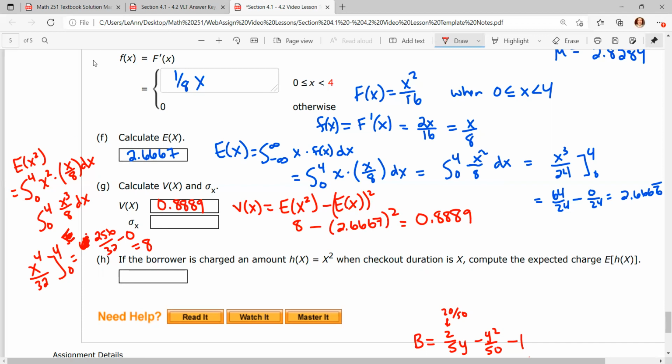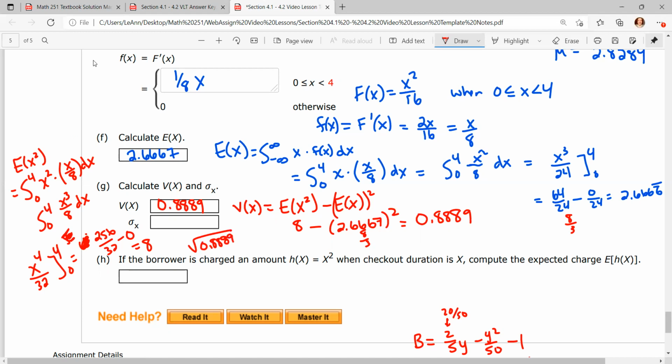We rounded it for this answer, but if you only go out this far, you don't get this rounding up to the 9. It messes up your rounding a little bit. If you'd left this as a reduced fraction, 8/3, that gives you a way more accurate answer. Our standard deviation is the square root of the variance.